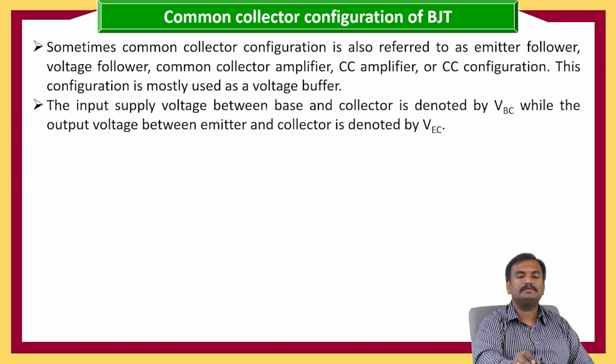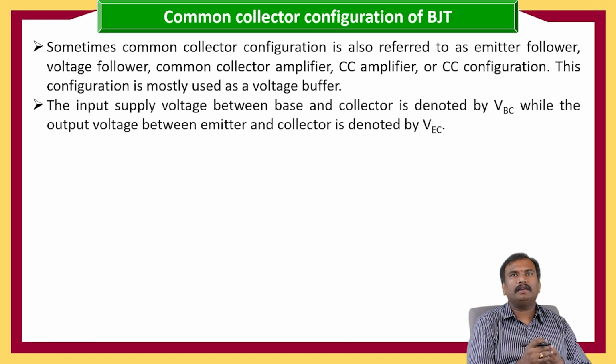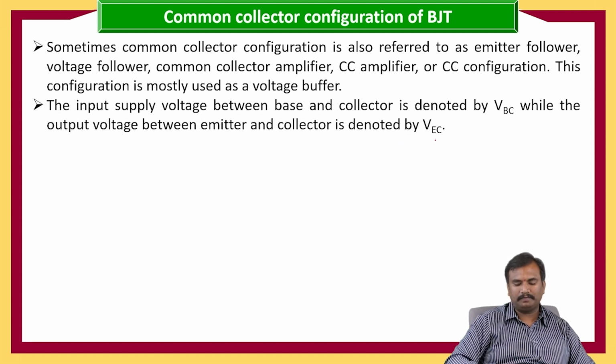This configuration is mostly used as a voltage buffer, and that is the reason it is generally used for voltage buffering. The input supply voltage between the base and collector is denoted by VBC, while the output voltage between emitter and collector is denoted by VEC.